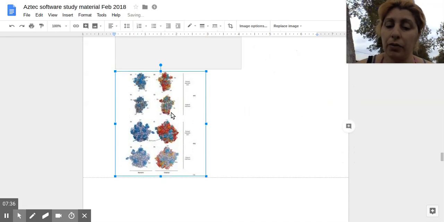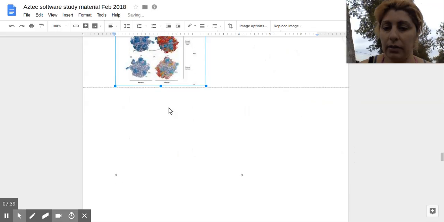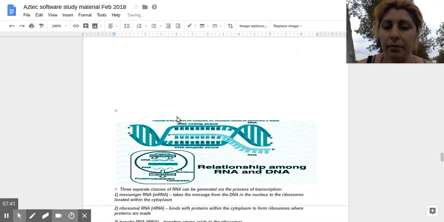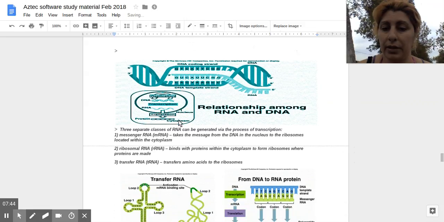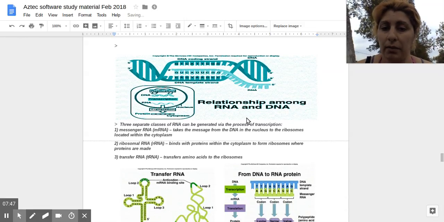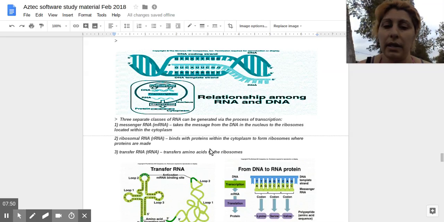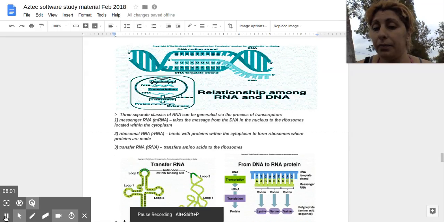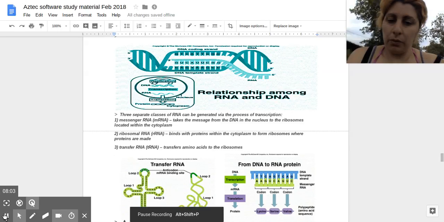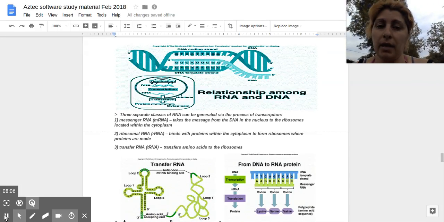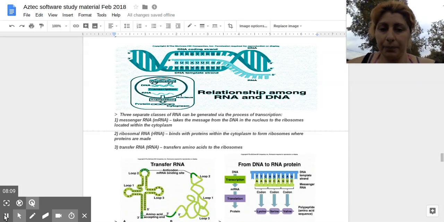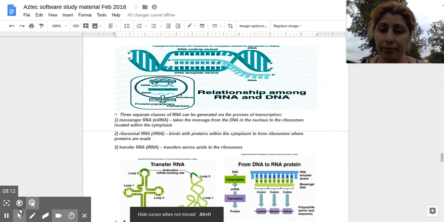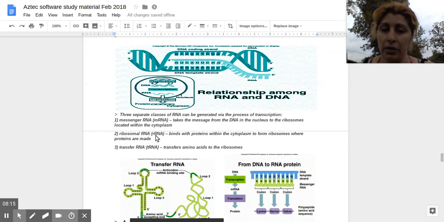These molecules are very big and complex in 3D. This is how they look in transcription and translation with the coding strands, etc. So DNA coding strand yielding the RNA, that's transcription.